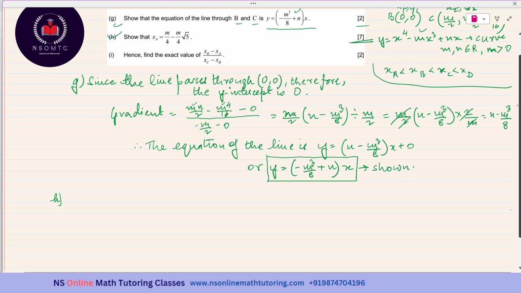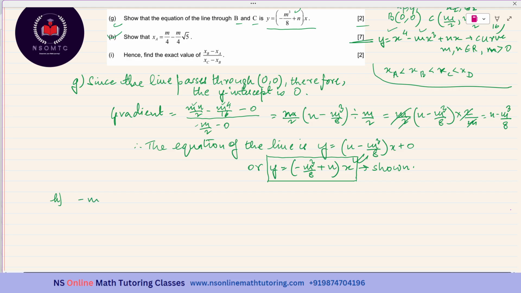H. Okay, so this is the curve's equation. Okay, and we know that this line is cutting the curve at 4 points. Okay, so for every intersection point, the y coordinates will be the same. So I can just equate the expressions.